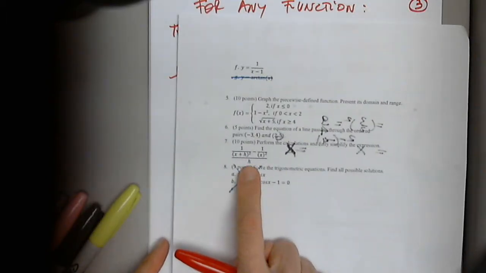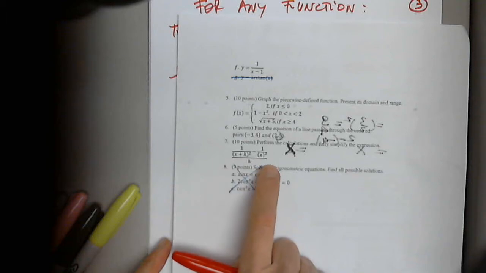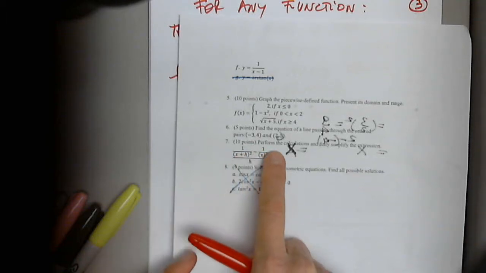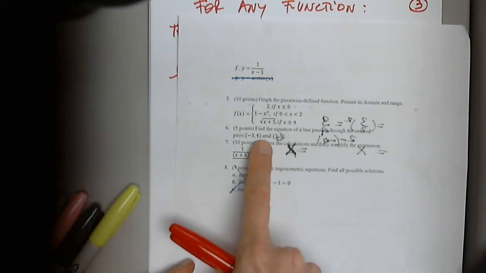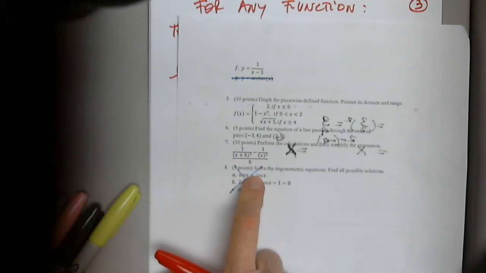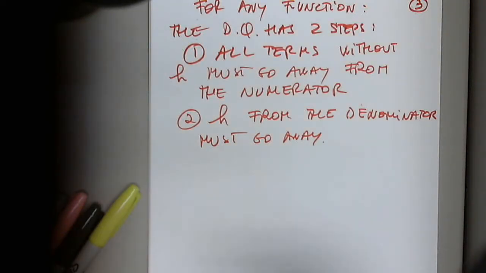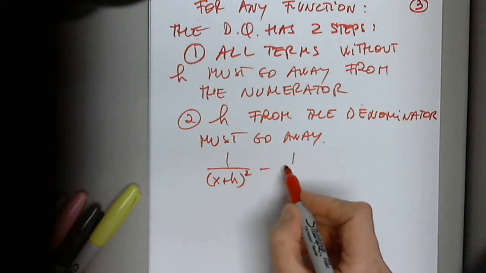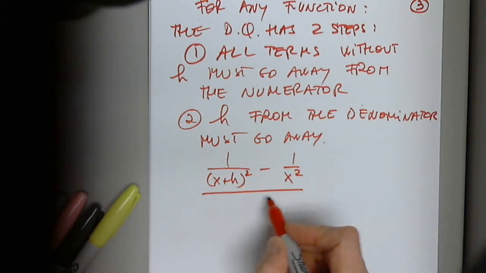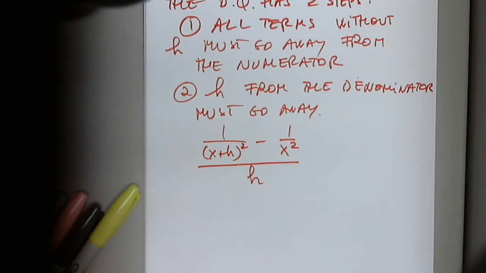Looking at this, what do you notice? We're asked to perform the calculations and fully simplify this expression. Can you tell me what this is? Let's copy it: 1 divided by x plus h squared minus 1 over x squared, everything divided by h. Does it resemble anything?